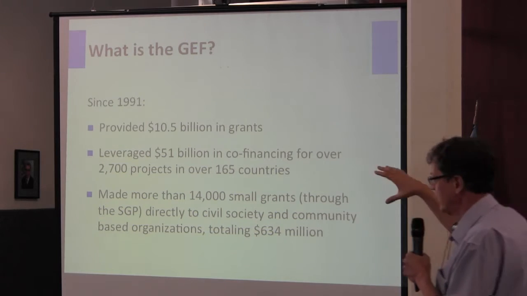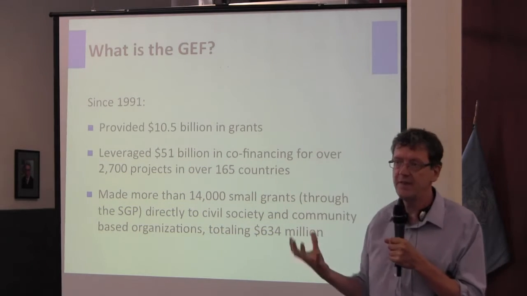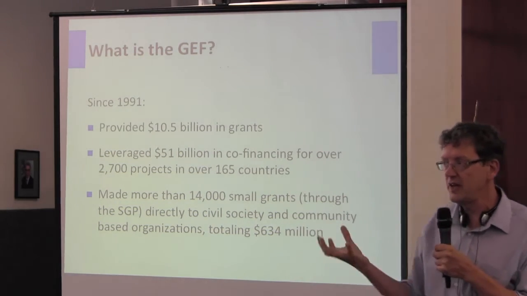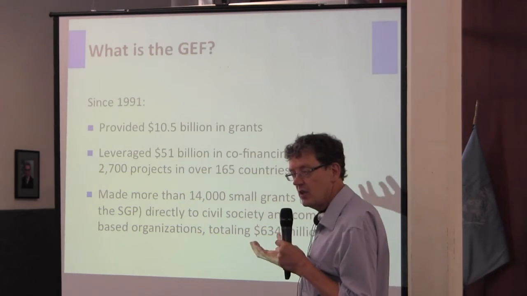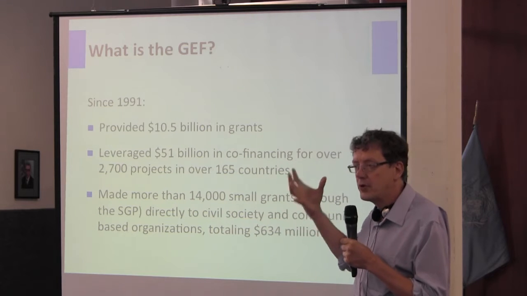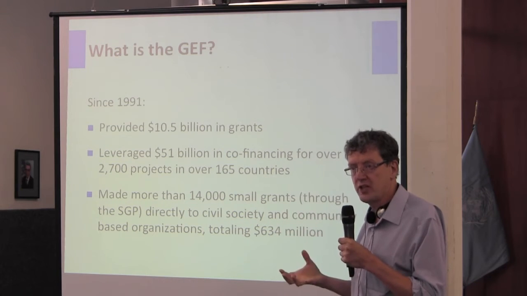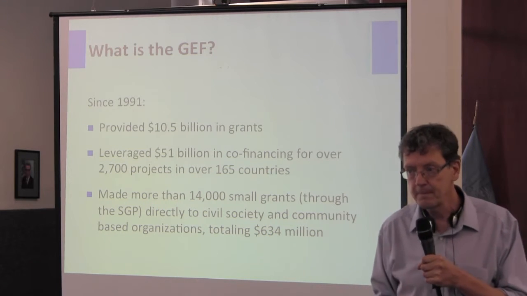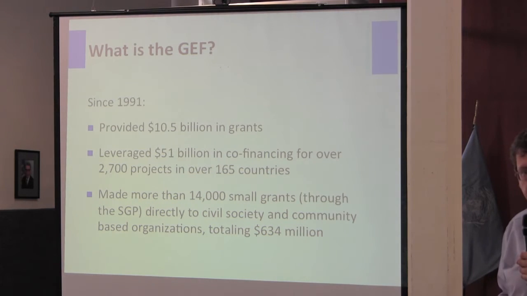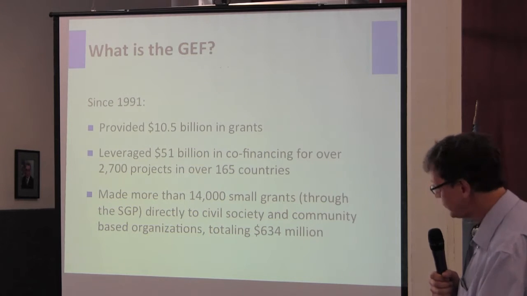So that's basically what GEF does. GEF is a funding body. The money that GEF gets comes from many of the donor countries, and then predominantly GEF funds projects that are in developing or transition economy countries. Okay. So that's what GEF is.